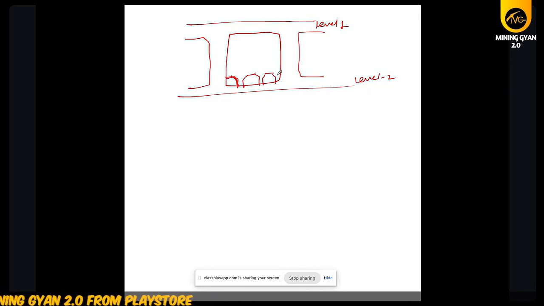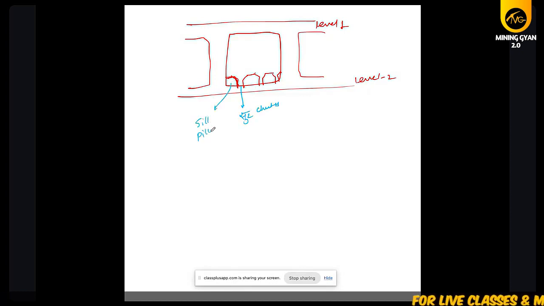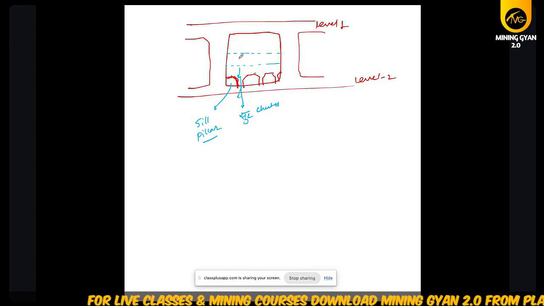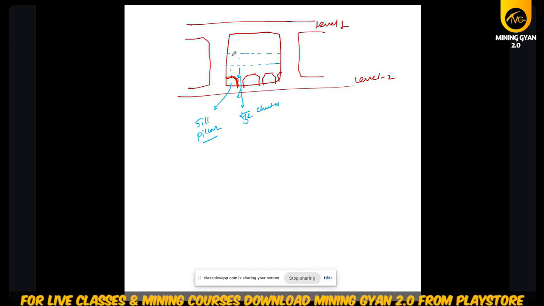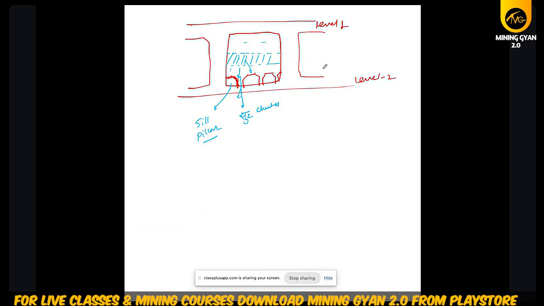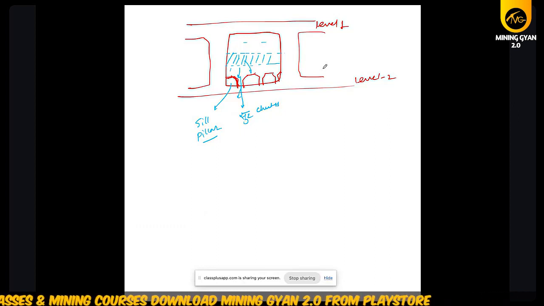As already discussed, this gap is known as the chute, and these are the sill pillars. So in this method we go one by one. We will blast this material, we will collect from the chutes, then we will blast the next one, this material will fall down, then we will blast again. This is the shrinkage stoping method.